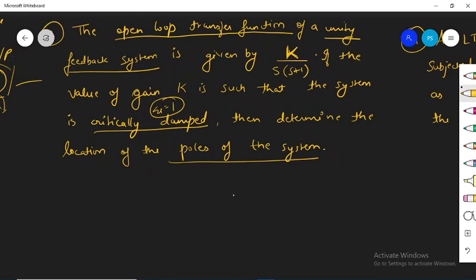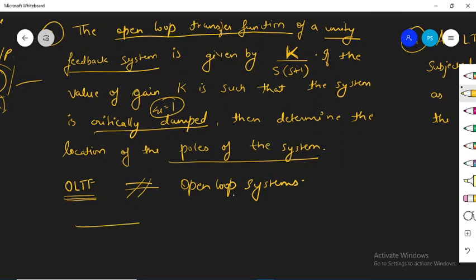second order system. Now here you can see this term, first term that I underlined, it's open loop transfer function. It's also written as OLTF, open loop transfer function. Just remember that this open loop transfer function is not equal to open loop systems.